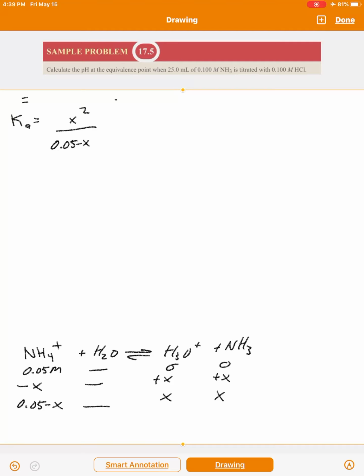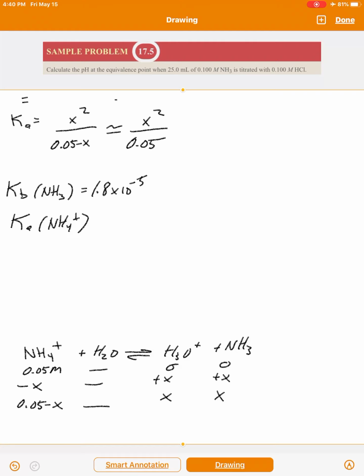So that means we can approximate this as x squared over 0.05. Here's what our Ka value is. We know that the Kb for ammonia is 1.8 times 10 to the minus 5. So that means the Ka for ammonium is Kw over Kb. So 1.0 times 10 to the minus 14 over 1.8 times 10 to the minus 5.